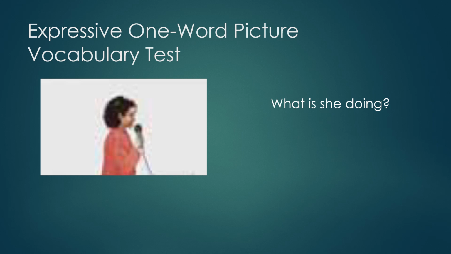This test even is used for adults up to 90 years old. It can tell the tester if the child or adult can express more words than average, less words than average, or the same.